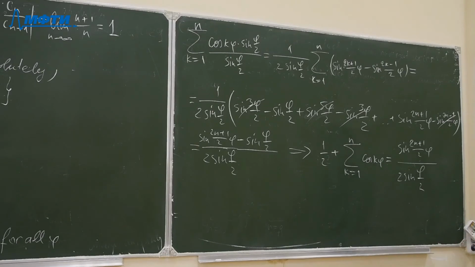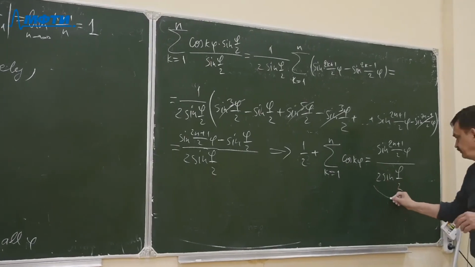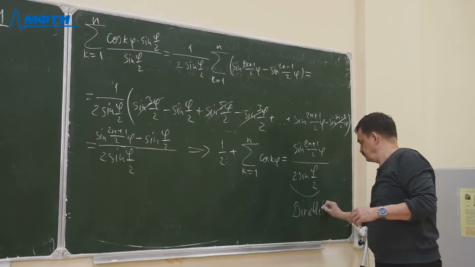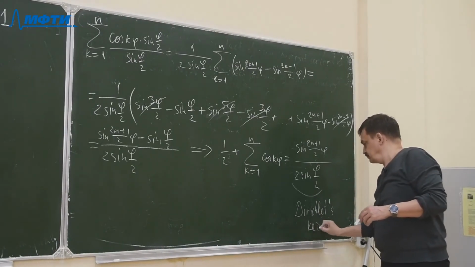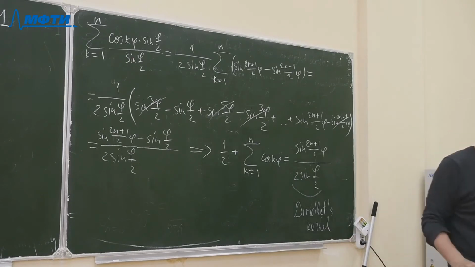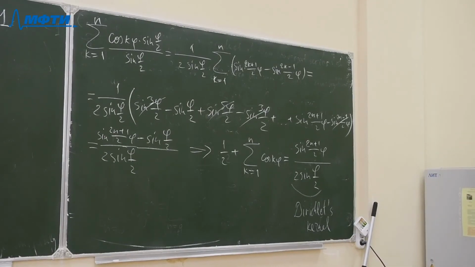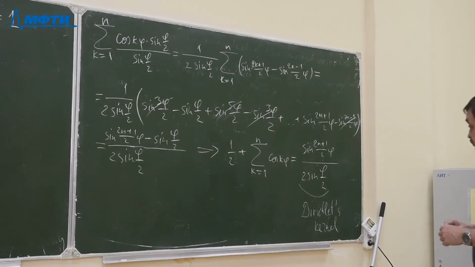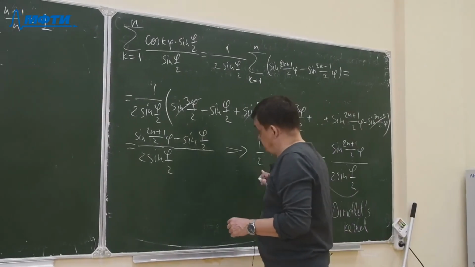That formula is called the Dirichlet Kernel, and it is very important in harmonic analysis, for trigonometric Fourier series. We'll use it, but essentially later.